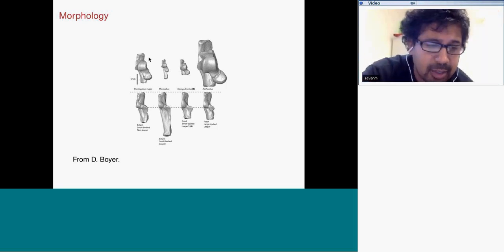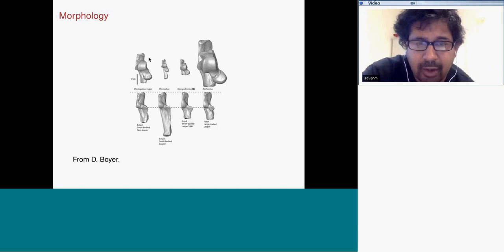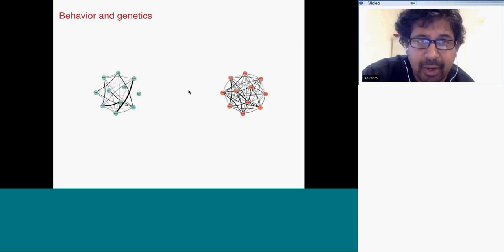There's a problem in morphology, and we want to measure distances between bones, and I'll come back to that. This is an example of where ideas from topology have been practically useful, and there are similar problems in archaeology and also in shape modeling. We'll come back to that.